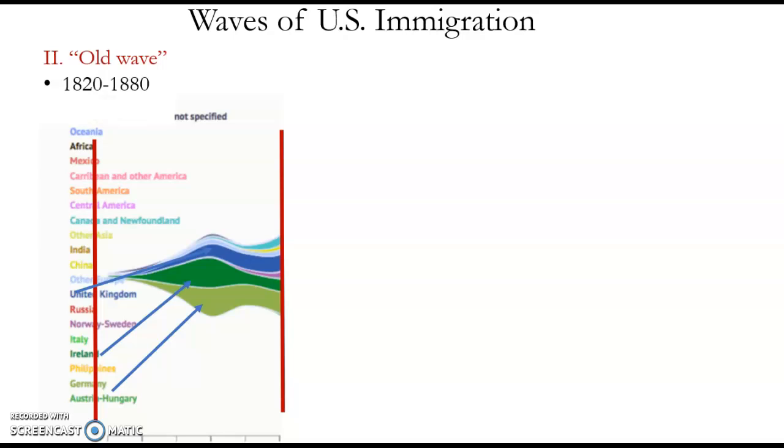But then in the second wave, known as the old wave, we began to see people coming from Ireland, coming from Germany. Later on in this wave, we saw immigrants coming from East Asia, primarily China. And this wave was driven by industrialization. So by the mid 1800s, we started to industrialize. We started to create more opportunities in our cities.